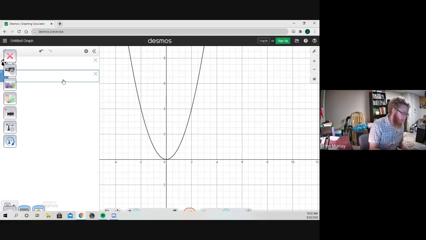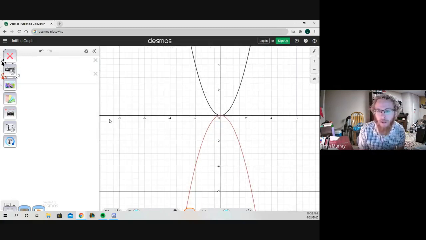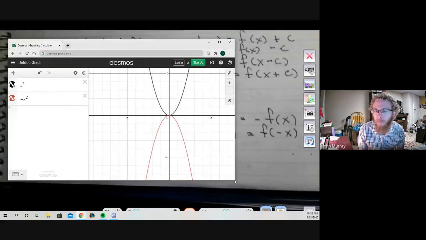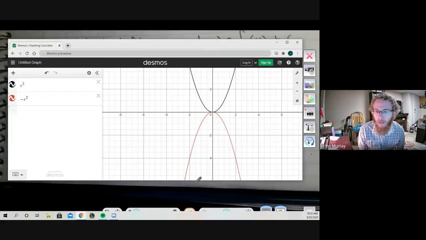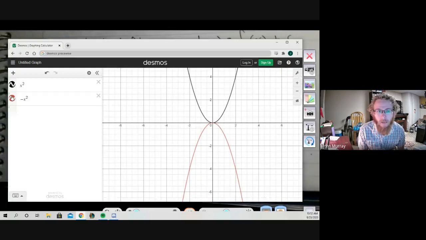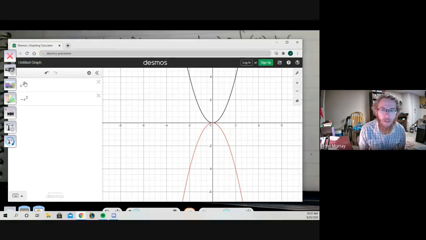So if I throw a negative in front of it, we see that reflection, right? Here's our x-axis. It flips over from the top to the bottom. So you have x squared as your upper one, and your negative x squared is down here.